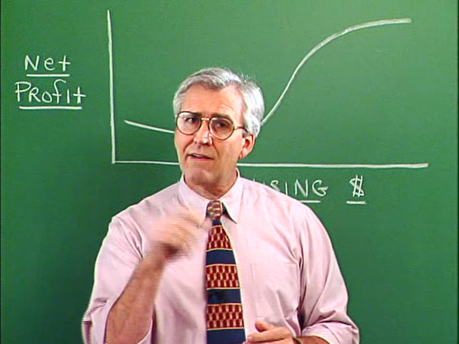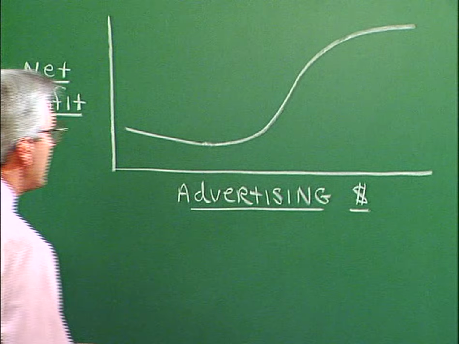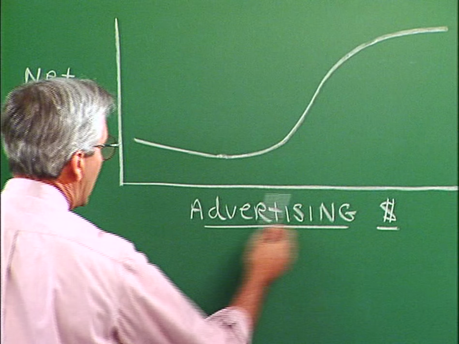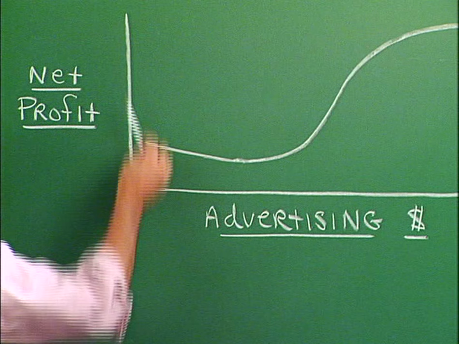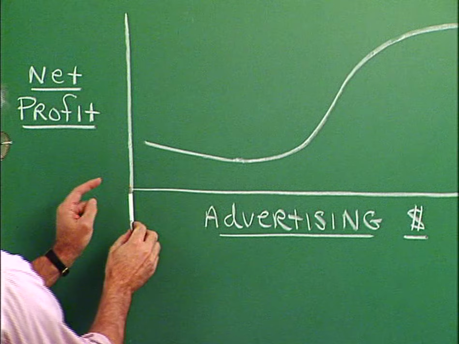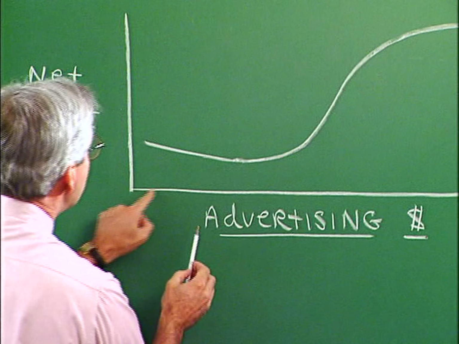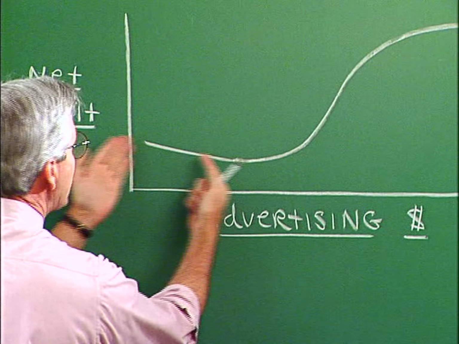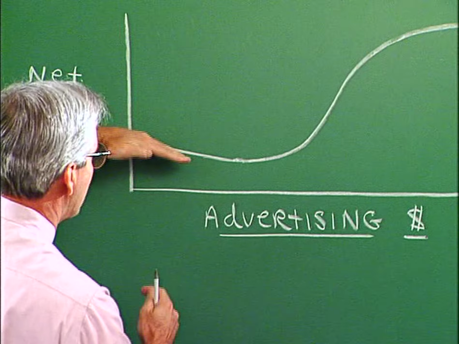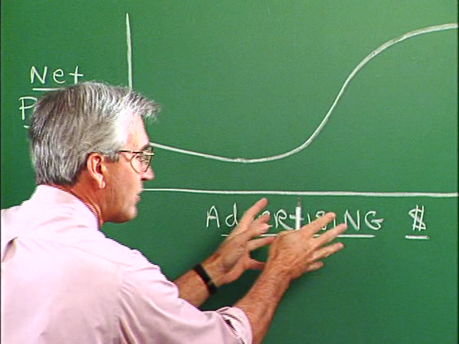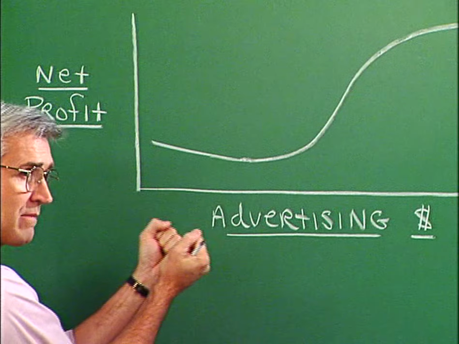And a graph of the situation might look something like this. If we have the advertising dollars along a horizontal axis and net profit along the vertical axis, then maybe we start our advertising with these many dollars right through this region of the graph, and the net profit of the business tends to drop at first because the advertising dollars are pulling from that net profit.